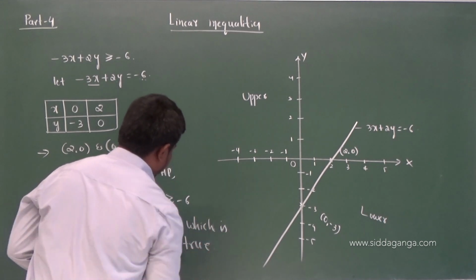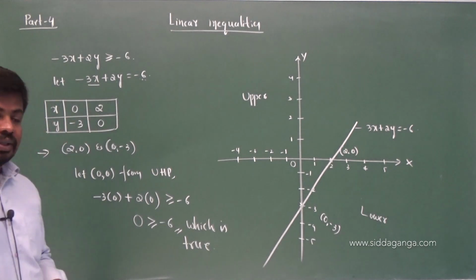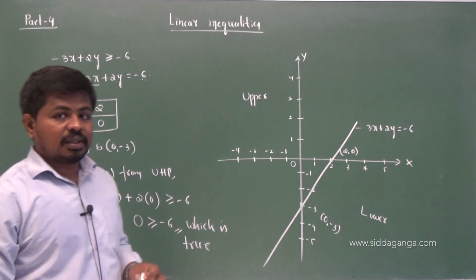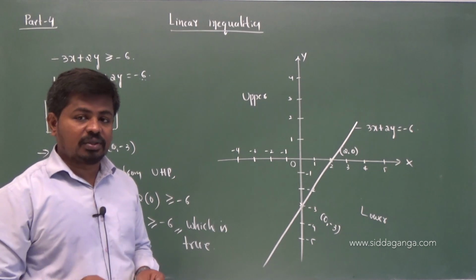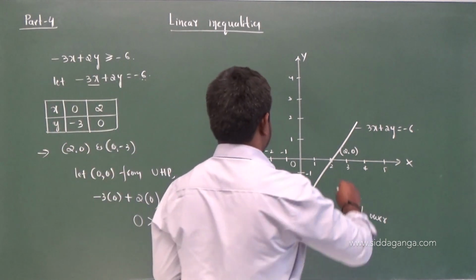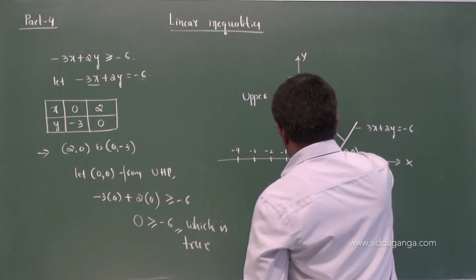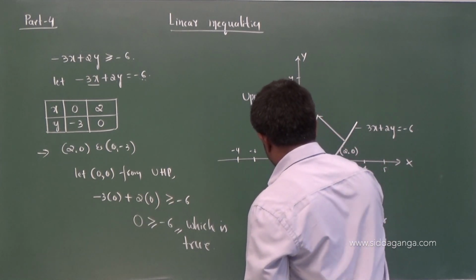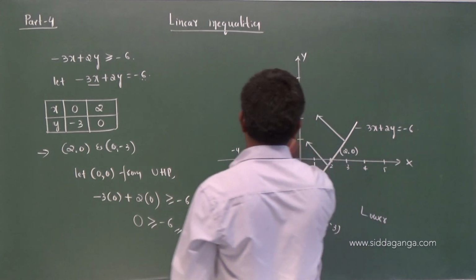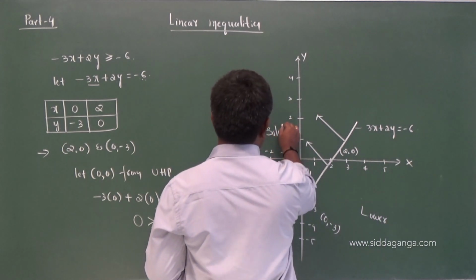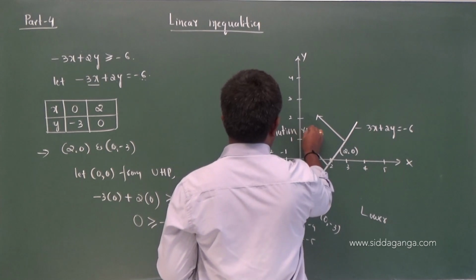So, 0 is greater than minus 6, right. So, the solution region is the region from which you have taken the point 0 comma 0. Upper half plane will be the solution region. This becomes your solution region.